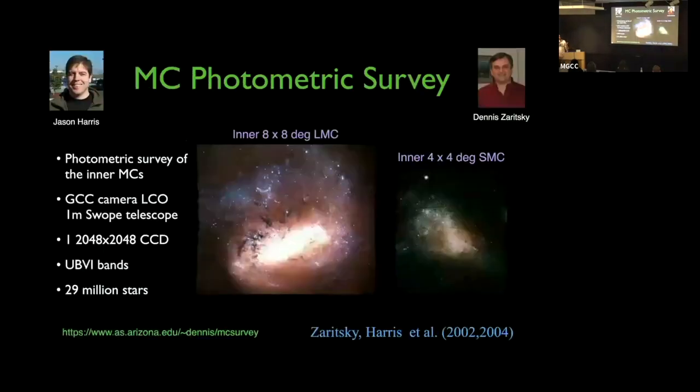The first really systematic study over the face of the Magellanic Clouds was done by Dennis Zaritsky and Jason Harris. They used the Great Circle Camera that Dennis developed at the LCO 1 meter Swope telescope. They used a single 2K by 2K CCD to create these maps in UBVI bands and obtained multi-band photometry for 29 million stars.